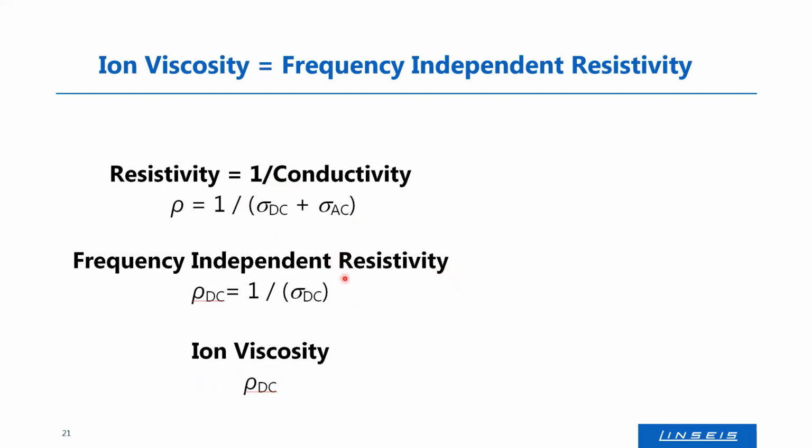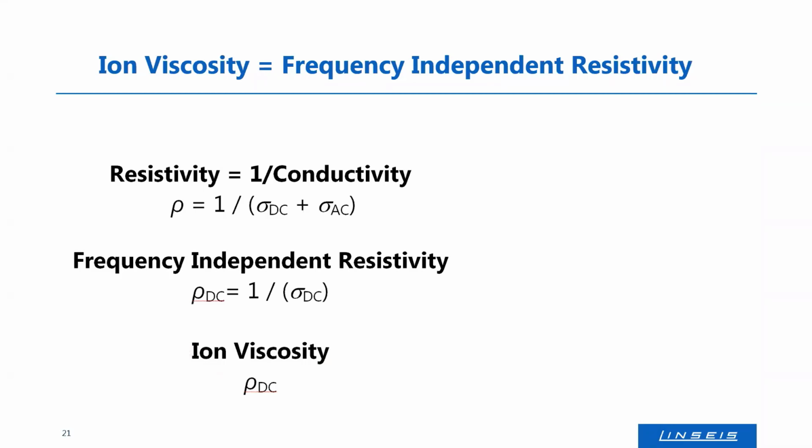So when you measure your sample at different frequencies, at different excitation frequencies of the voltage, then you will see that there is a dependence, but there exist some frequencies where the resistivity is not dependent on the frequency. And this figure, the frequency-independent resistivity, is called ion viscosity.